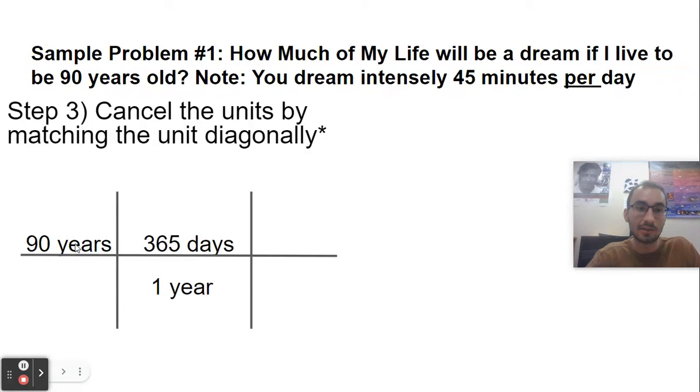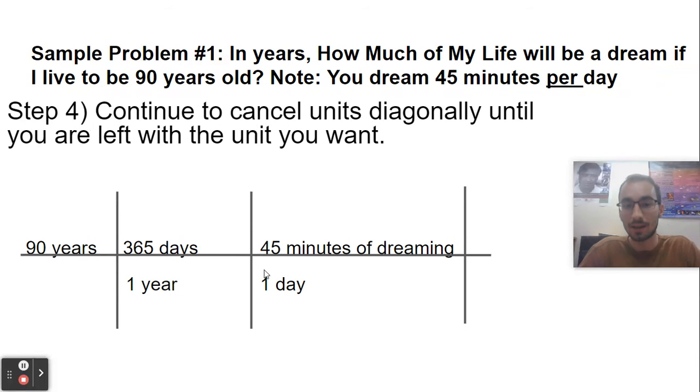And that's step 3. So you cancel the units by matching them diagonally. So please guess what unit should go here then? And then what should go on top of it? Hint, you have to use my note. Okay? So if you're going to live to be 90 and you have 365 days a year, and if you dream 45 minutes per day, then every day that you have in your life, you'll have 45 minutes of dreaming.